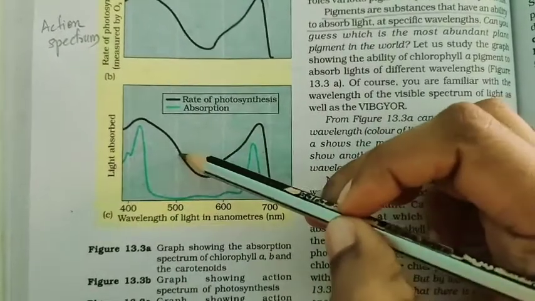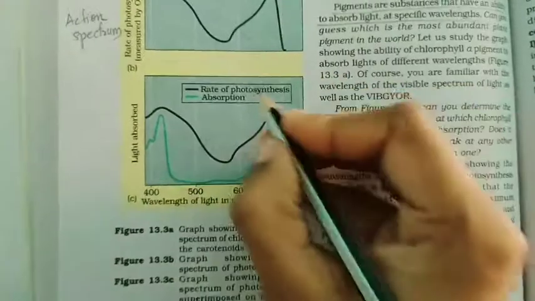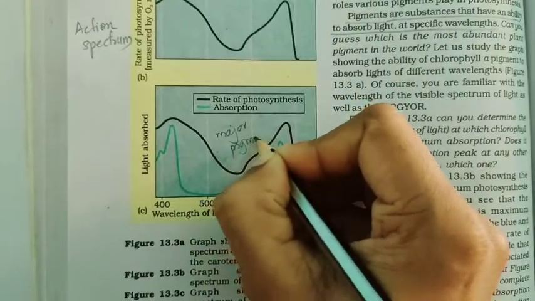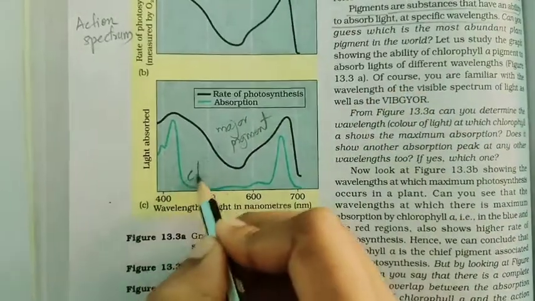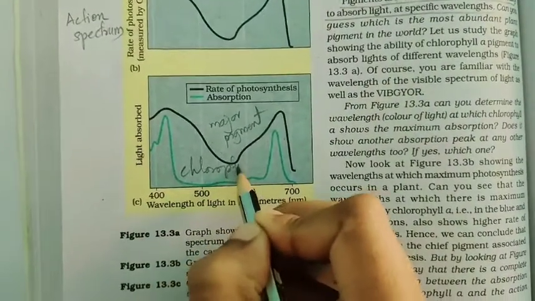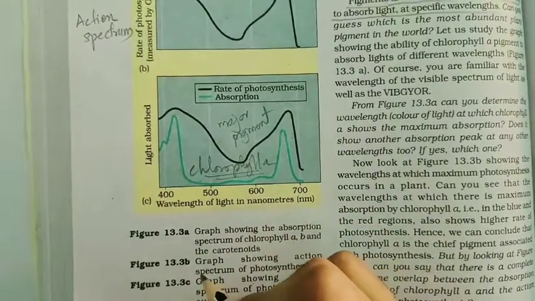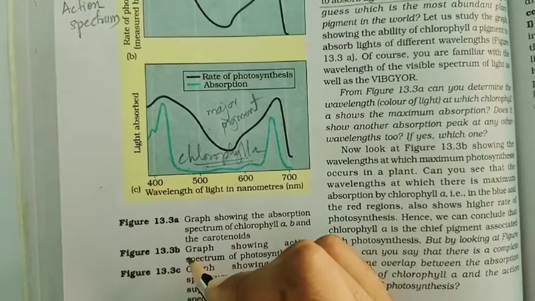This shows that the most important, the major pigment in photosynthesis is chlorophyll A. The major pigment in photosynthesis is chlorophyll A.